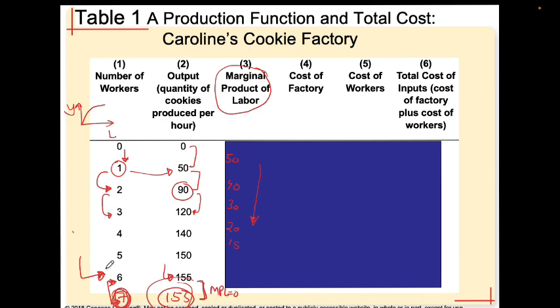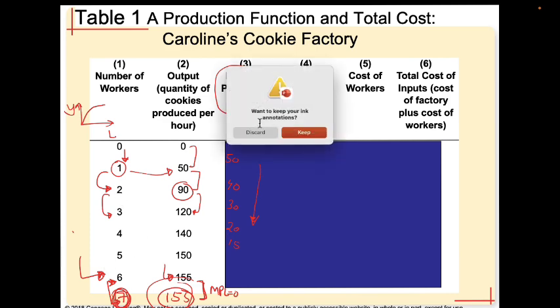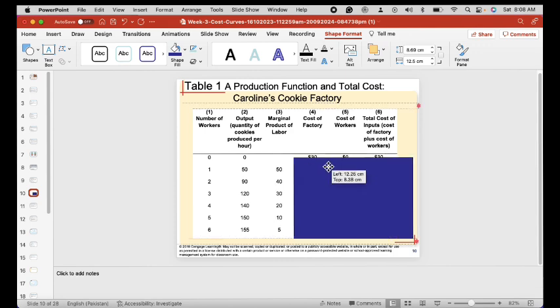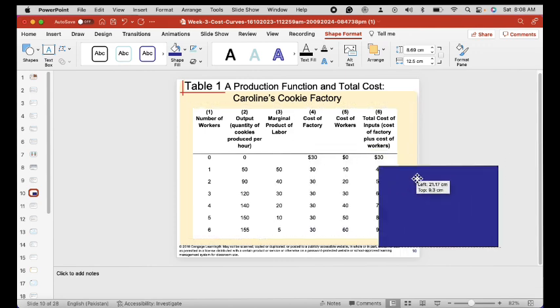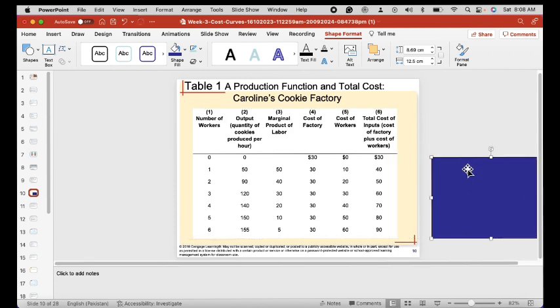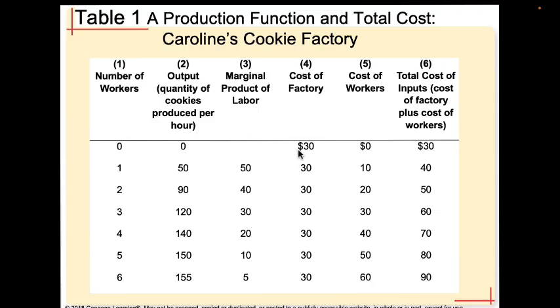Now that we've talked about the marginal product of labor, let's look at the cost side of things. Notice that when you are producing cookies, you need a factory and you need workers.